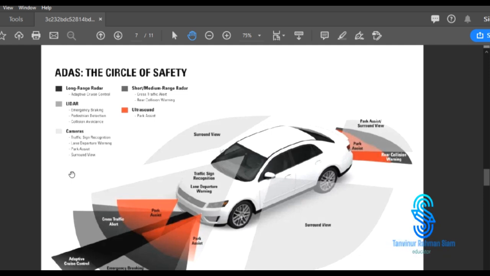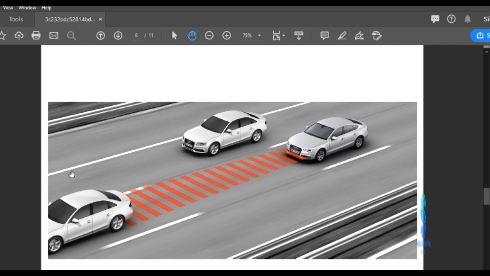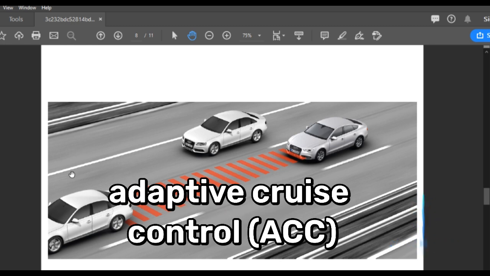Okay, after that we are proceeding to another image. That is a picture of ACC, not Afghanistan Cricket Board. It stands for adaptive cruise control.